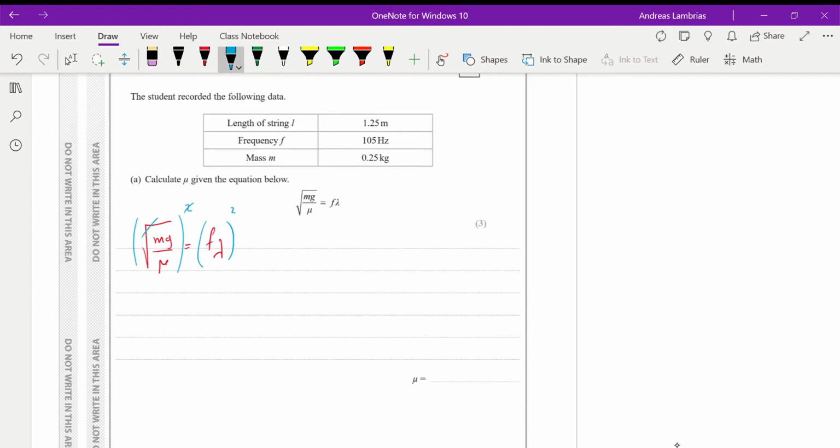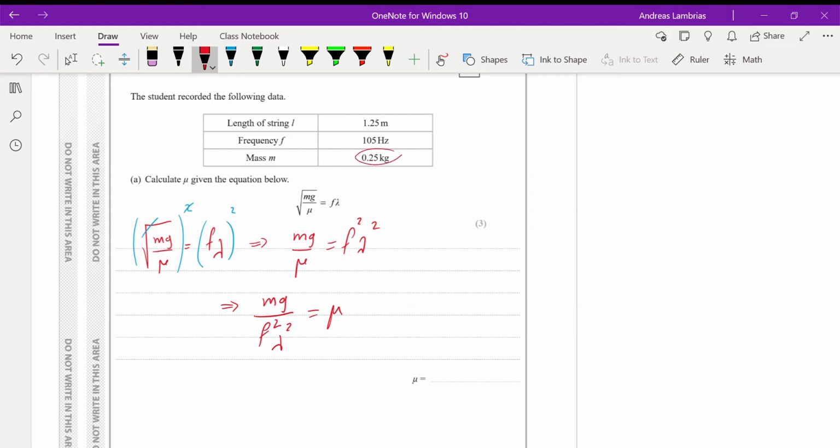This cancels out the square root. Therefore, I'm going to have mg over mu equals frequency squared times wavelength squared. Then I'm just going to rearrange these in terms of mu. So mg over frequency squared wavelength squared equals mu, and then I need to substitute the values that I have.